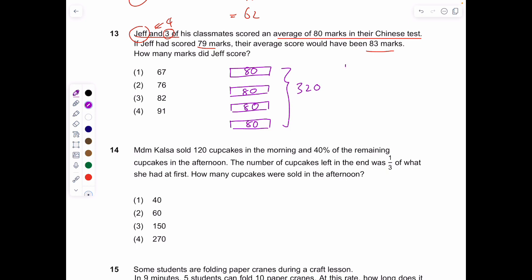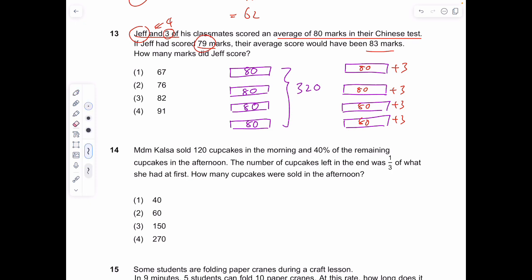So what actually happens is that each of them has added another 3 marks. So this additional 3 marks actually came from Jeff, because Jeff is the one that scored more, right?